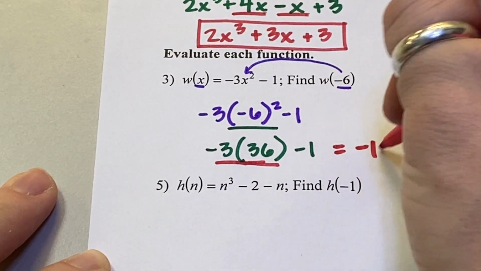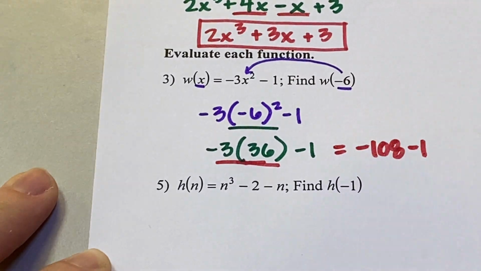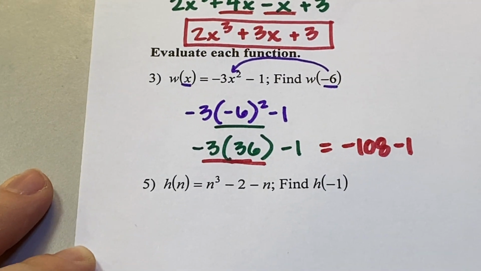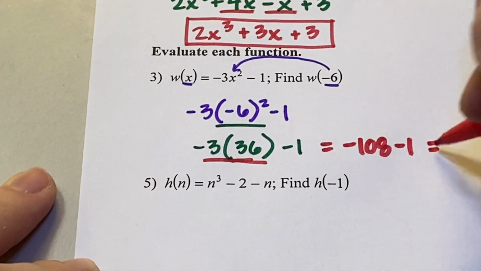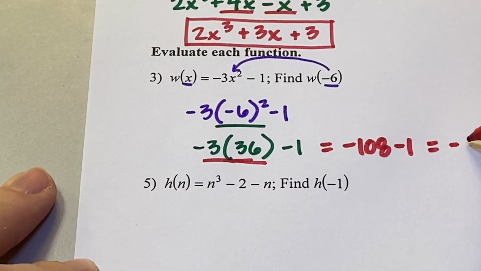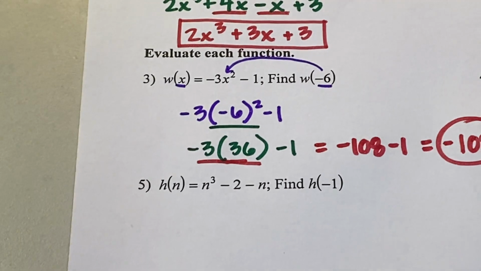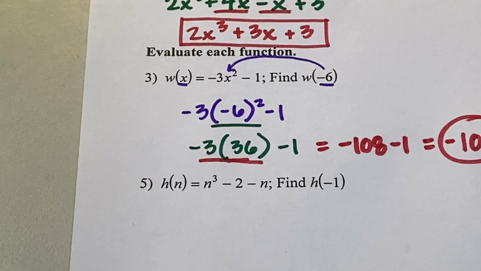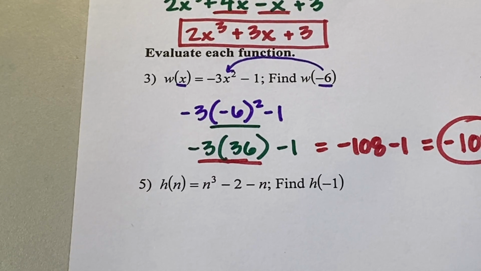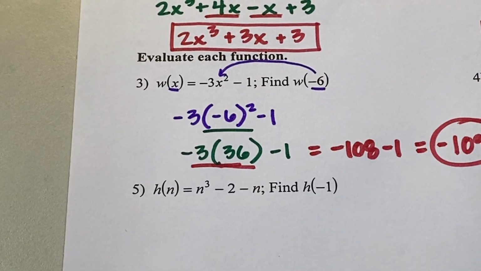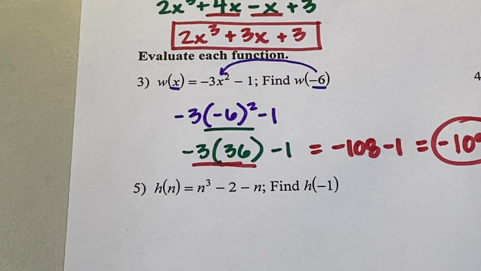So now we have negative 108. Subtract one more. What is my final answer? Negative 107. Very close. Oh, negative 109. There we go. Beautiful. Just take that number, plug it in, replace.